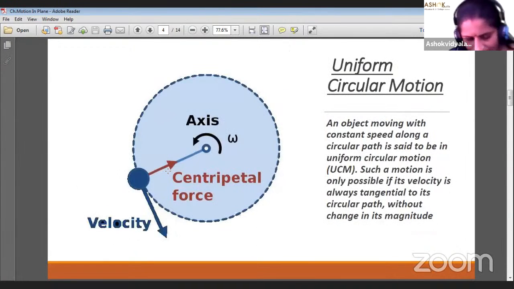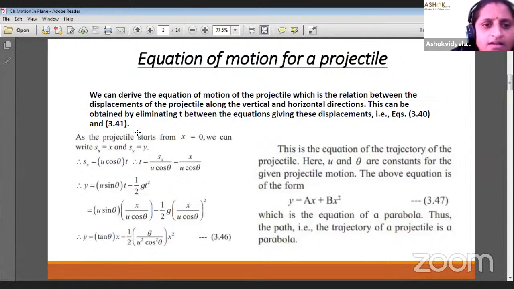Now, the equation 3.41. What is 3.41? y is equal to u sin theta t minus half g t square. Now substitute the t value, x upon u cos theta, in the above equation. We get u sin theta as it is, times x upon u cos theta, minus half g as it is, times t square, which is x square upon u square cos square theta.